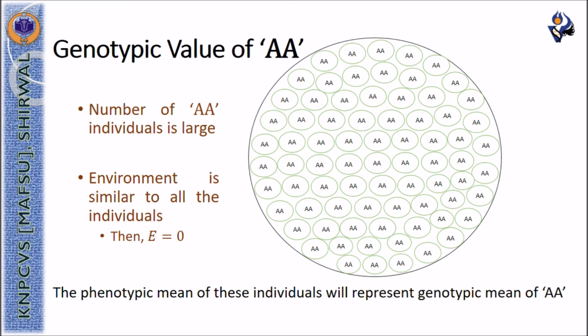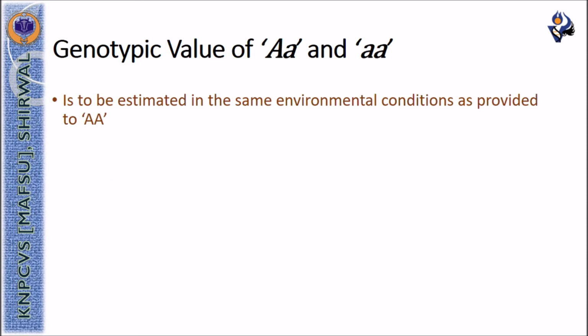Now, the phenotypic mean of all these individuals will represent the genotypic mean of the homozygous dominant genotype, because this genotype is measured in a large quantity under uniform environmental conditions. The genotypic value of heterozygous and homozygous recessive genotypes can be estimated in the same uniform environmental conditions provided to the homozygous dominant genotype.